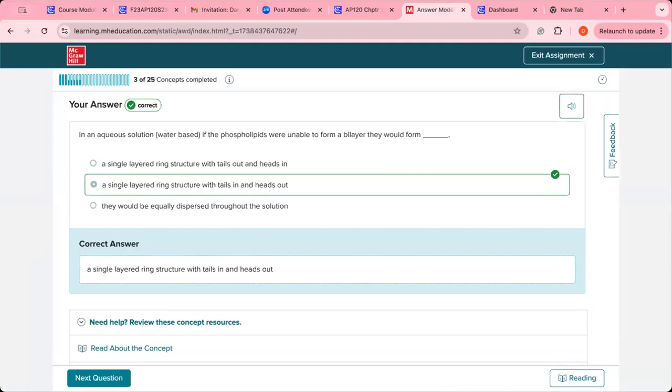Because the tails don't like water, so they would try to be inside and they would stick their heads out, so they would form a ring with their tails in the middle of it. Yeah, there's no real reason for it.